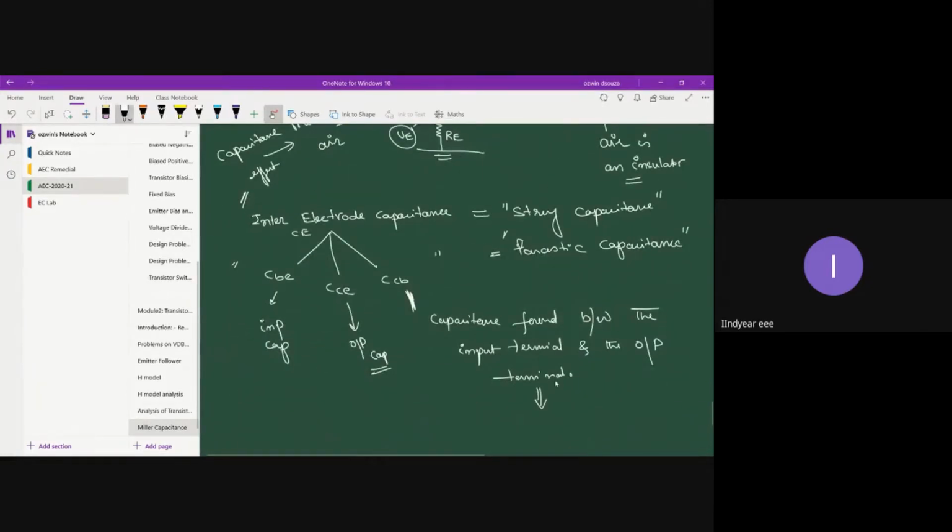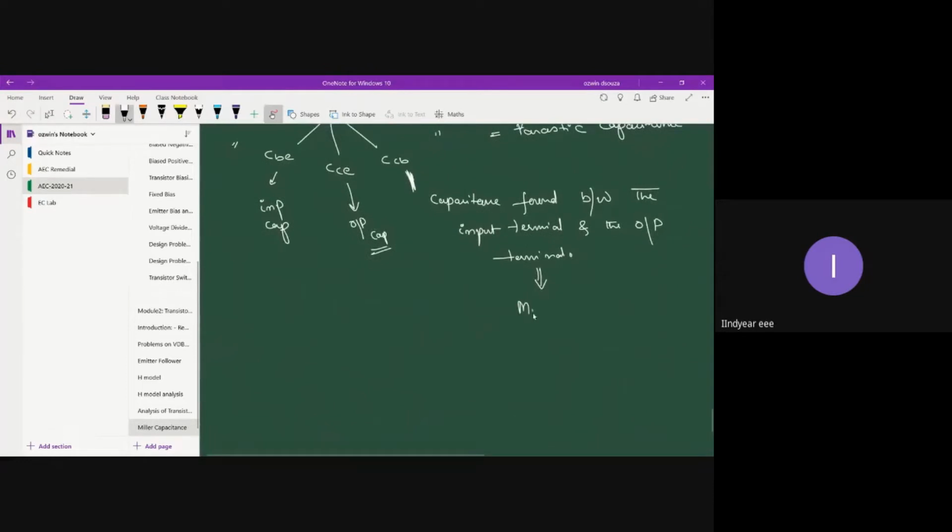So this effect was observed by an engineer called Miller. Hence, the name is given as Miller effect capacitance.